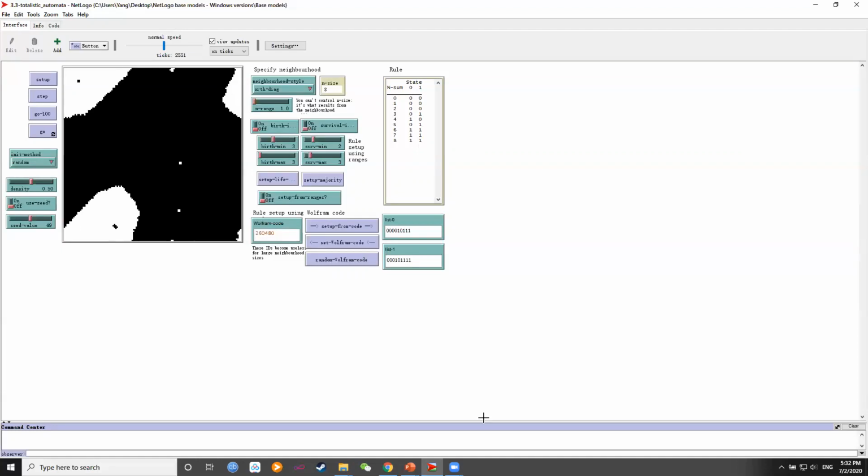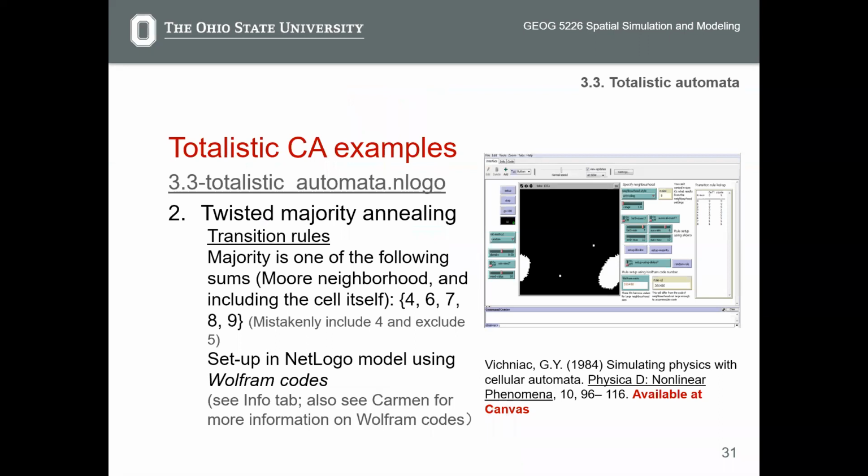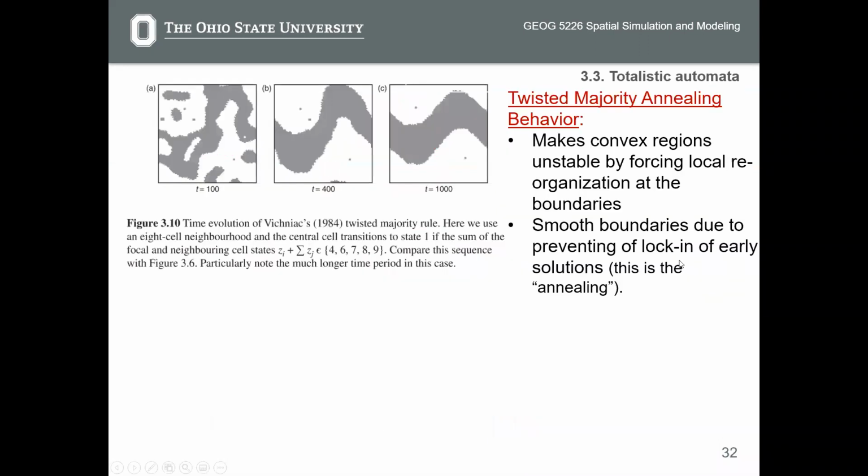This is called annealing. It's a term in blacksmithing. Twisted majority annealing behavior makes convex regions unstable by forcing local reorganization at the boundaries.